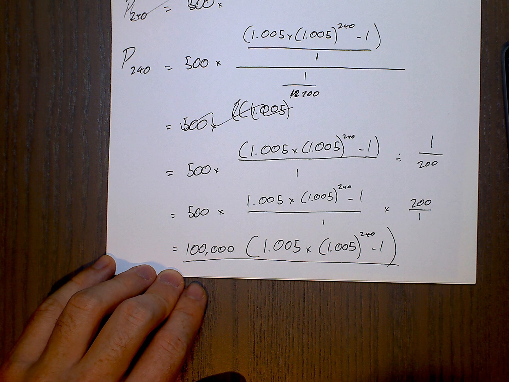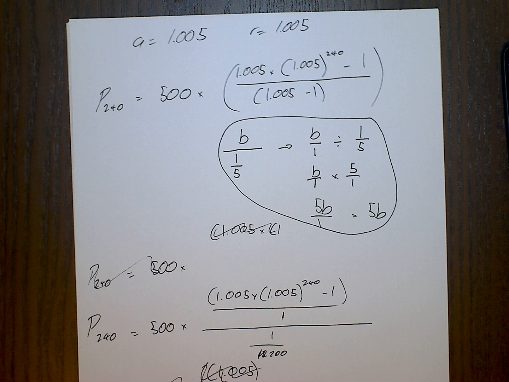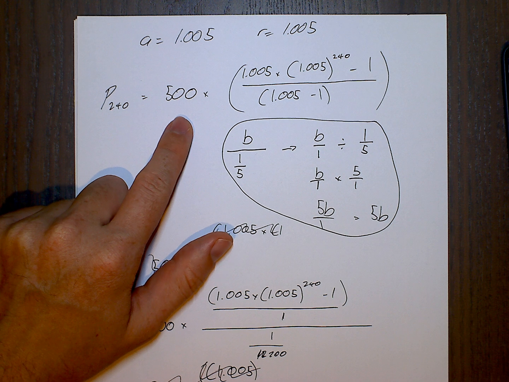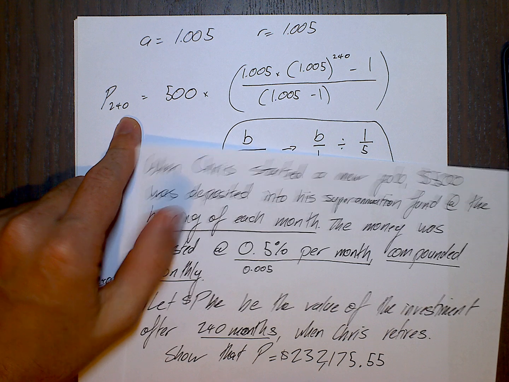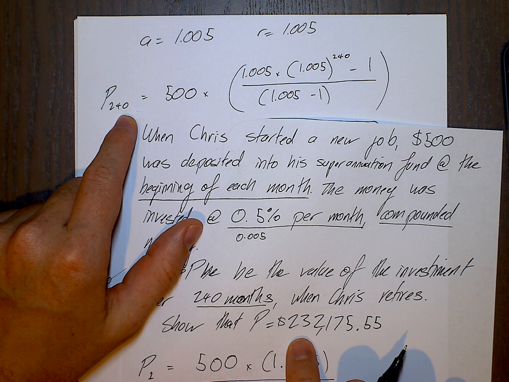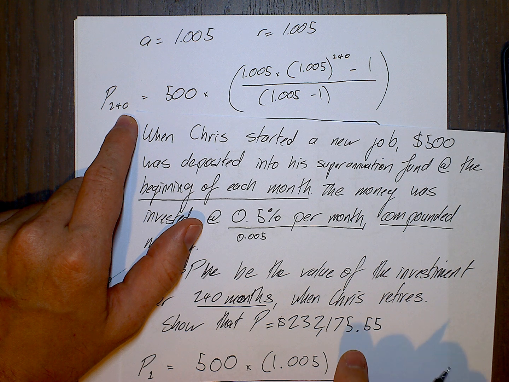Okay, so I do just want to stress that the beginning part here, if you had put this in your calculator, we would have proven our answer of 232,175.55 cents, and that is fine.